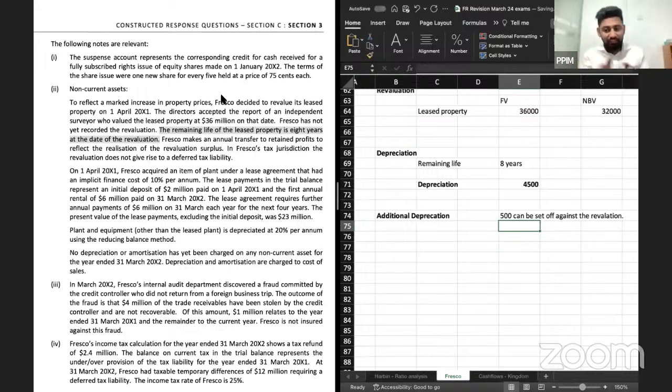Because IAS 16 says, if you revalue, it can result in additional depreciation. The revaluation gain is taken to other comprehensive income, and this depreciation will affect profits. So technically, it's not fair. To make it fairer, this can be set off against the revaluation itself. Understood?